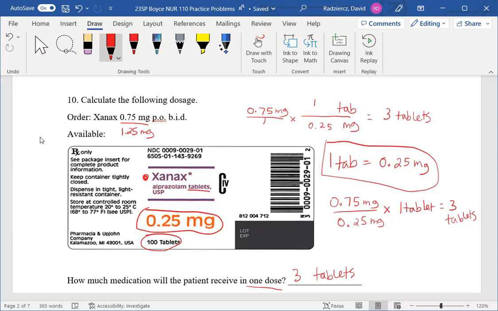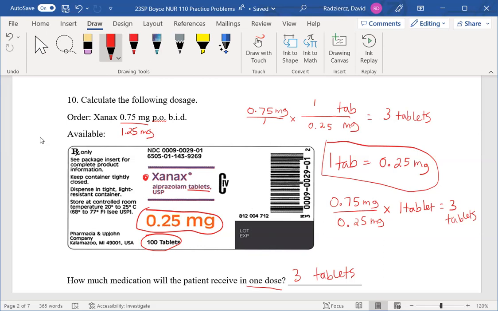The only reason that would matter is when you're doing an injectable. If you're wondering how the patient is going to receive it, an injectable is going to tell you that it's a liquid and that it's going to be injected, right?